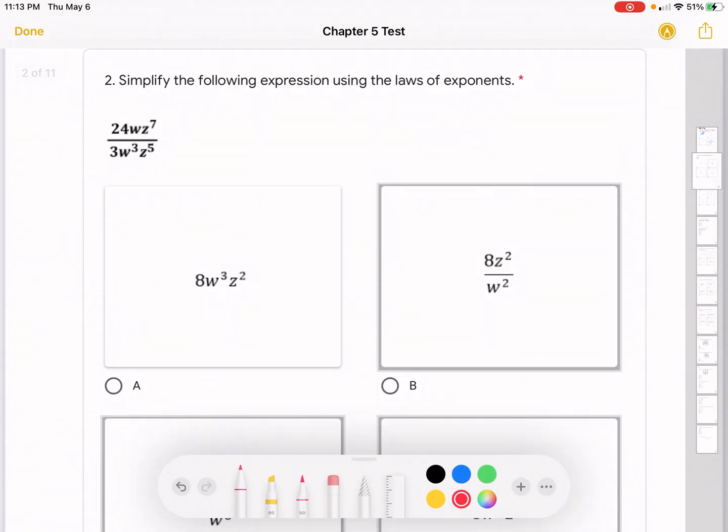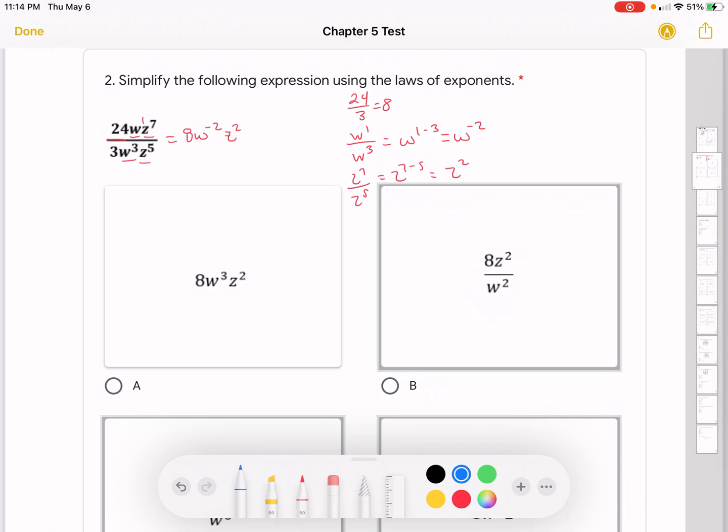Question 2 was a division problem. So when you divide, you actually subtract exponents. So let's start with 24 divided by 3. That's 8. Next, we're going to do w to the imaginary 1 divided by w cubed. When you divide, you subtract exponents, so that's w to the negative 2. And then z to the 7th divided by z to the 5th. That comes out to z squared.